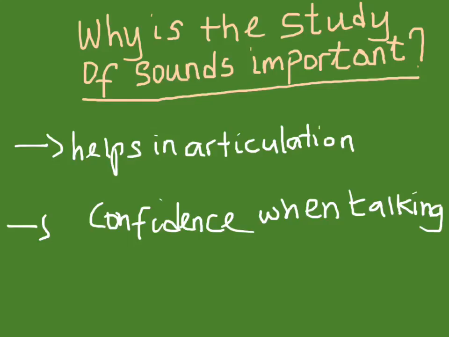So if you're able to know the sound of a letter and the letters of a given word, then you'll obviously be able to pronounce that word correctly. When you also know how to pronounce words correctly, you'll be confident when you're talking. So it gives us confidence when talking.